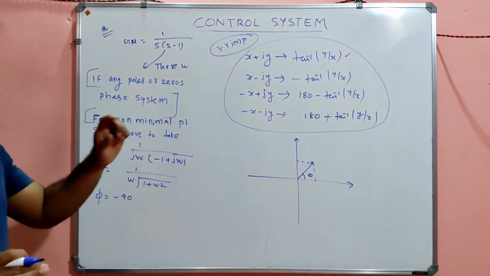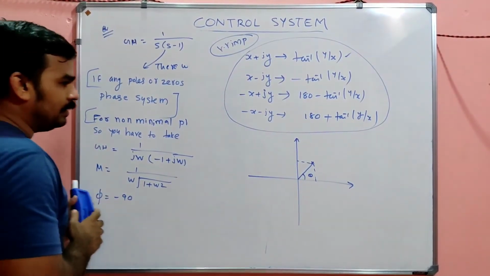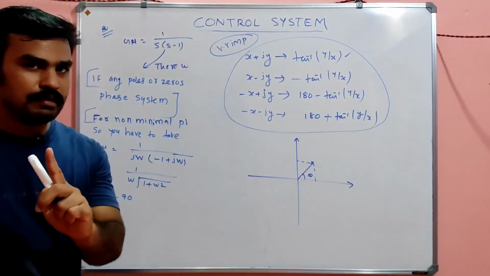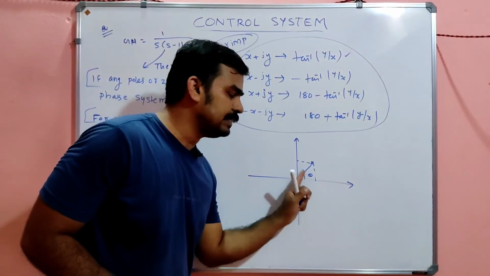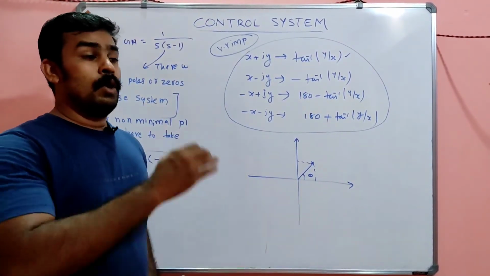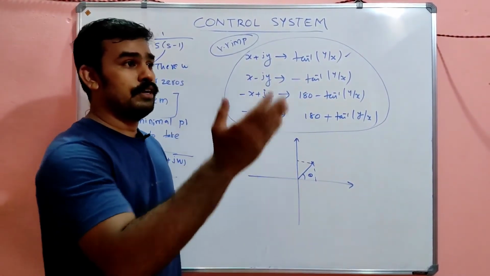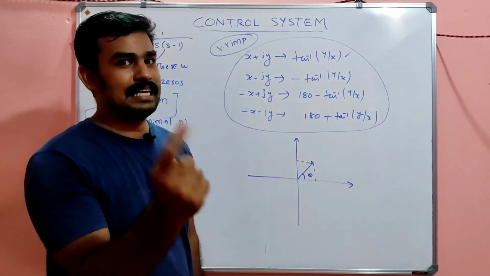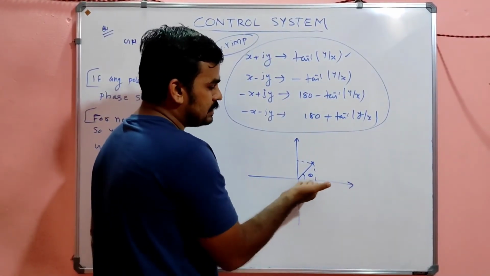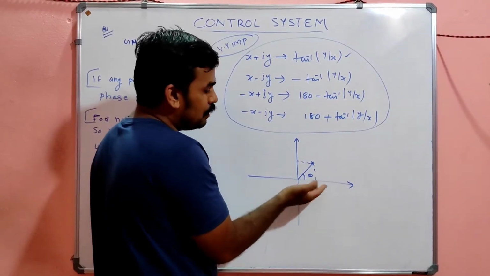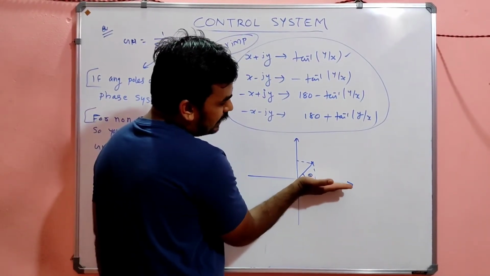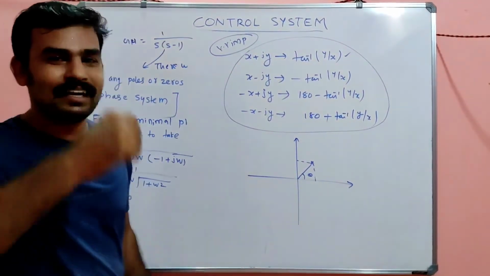Okay. Remember one thing, my dears: whenever you take the angle, always consider it from the positive x-axis. That means the reference axis is the positive x-axis, and with respect to it you always consider the angle.